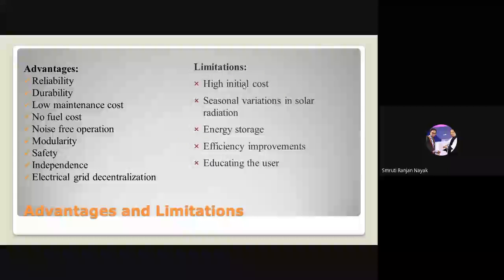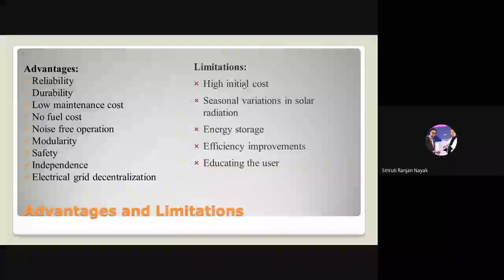If you are going to design a 32 kilowatt power plant, then you require 100 panels of 150 watt. If one panel costs 6,000, then 6,000 multiplied by 100. So you can imagine how much the panels cost.